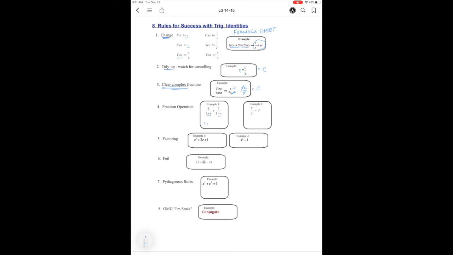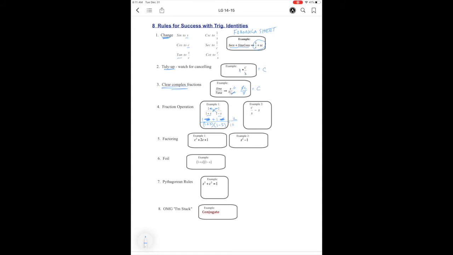Okay, adding fractions. These guys are different, so they come together. And then it's the criss and the cross. So I get 1 minus s plus 1 plus s, and then you can tidy up.